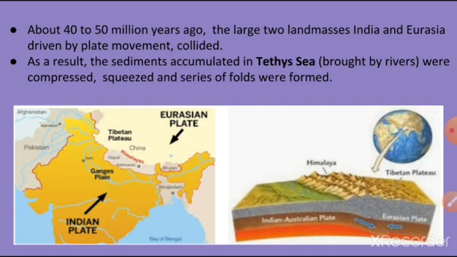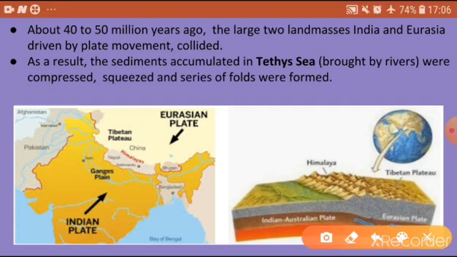About 40 to 50 million years ago, the large two land masses, India and Eurasia, driven by plate movement, collided. Look at the map given below. This is Eurasian plate, that means Europe and Asia, and Indian plate. What happened under the earth about 40 to 50 million years ago, these two large land masses started movement and they collided.